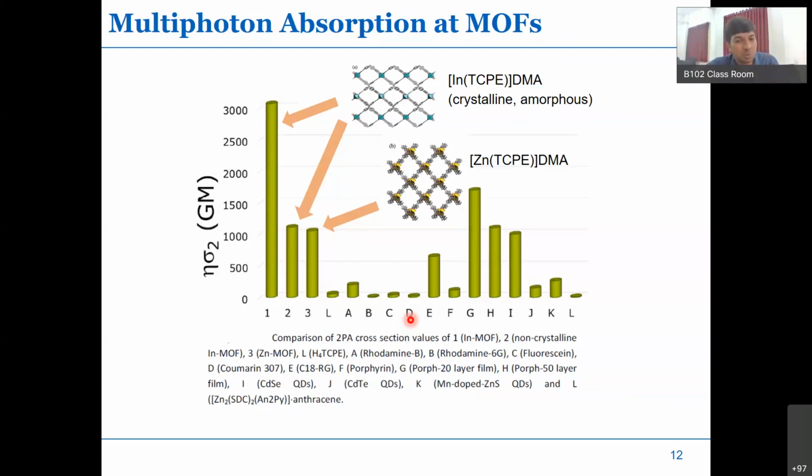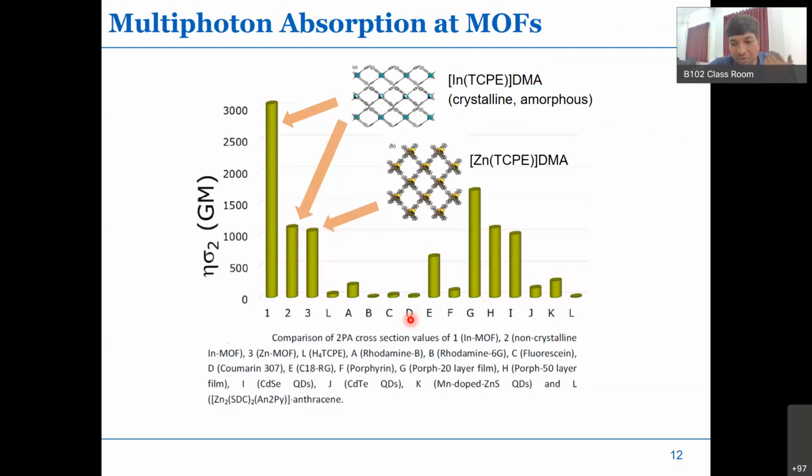Actually, the first focus was how to measure it. That was a huge challenge during my work. Once I established that, I started working on the material designing. So how do we design a material which shows very good performance and very good activity? That was the focus.